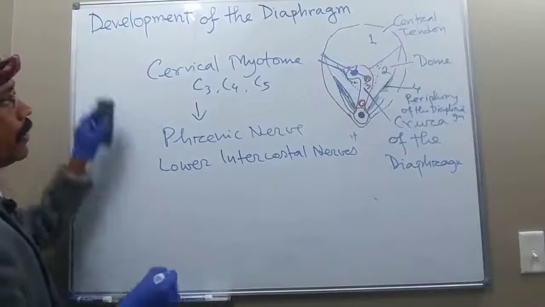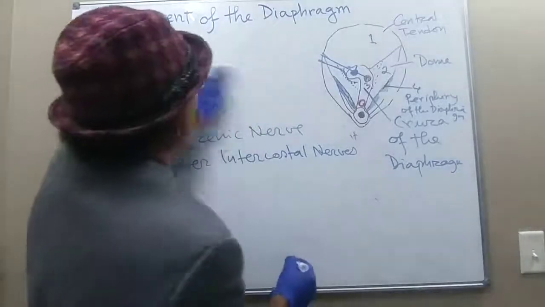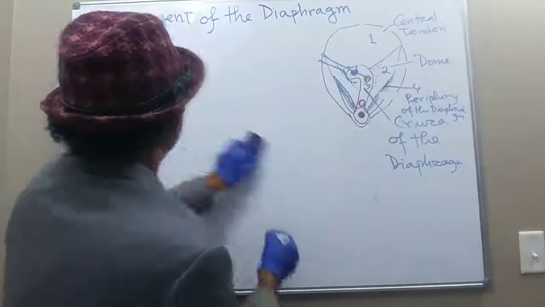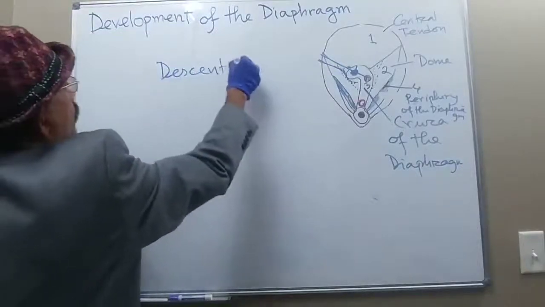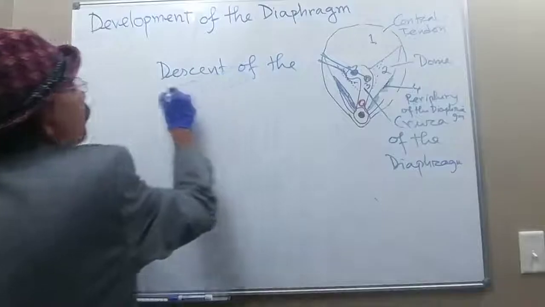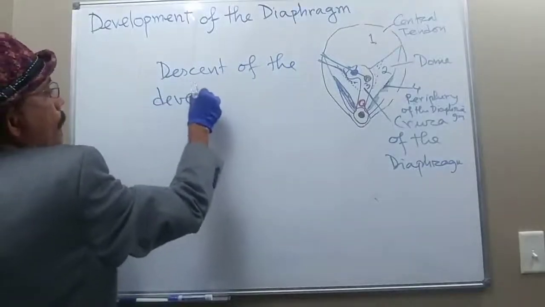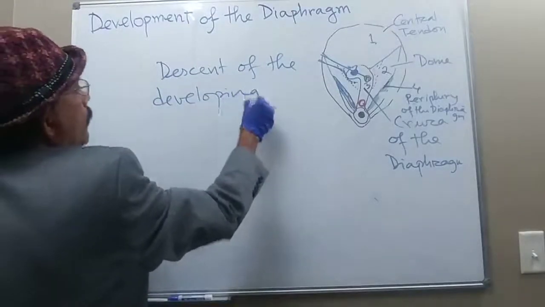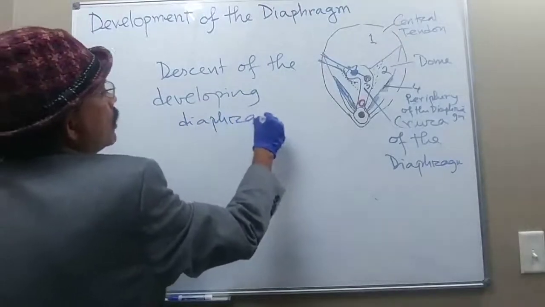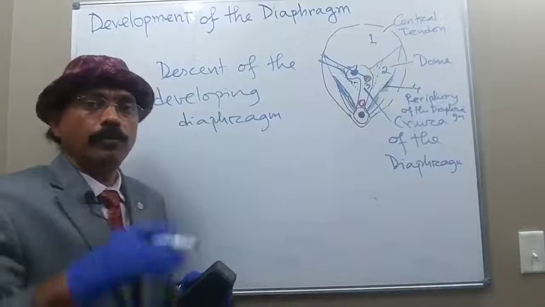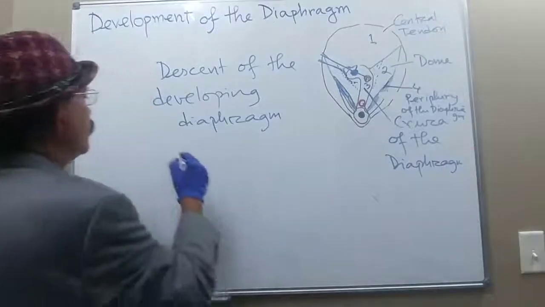Okay, that is the nerve supply, and we must know the descent of the developing diaphragm. The diaphragm is initially located at the cervical region.